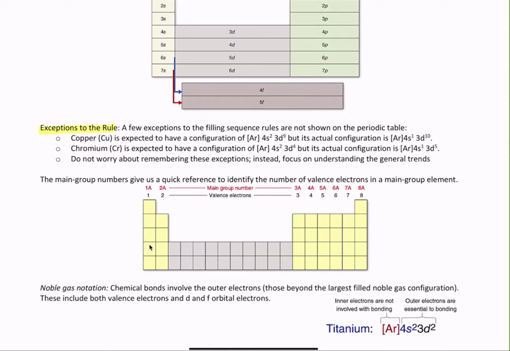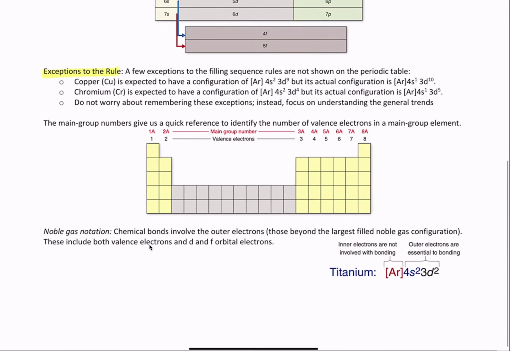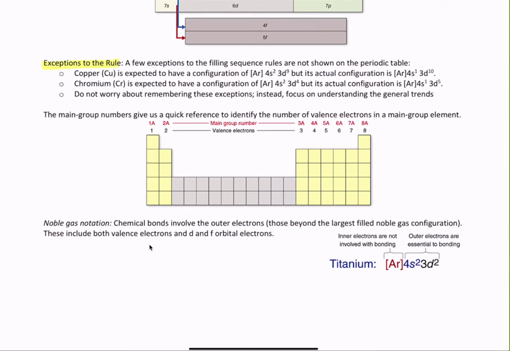I would like you to remember as well that the main group number gives us a quick reference to identify the number of valence electrons in a main group element. For that reason, any element that belongs to the group 1A main group number will have 1 valence electron, and so forth. Be mindful as well of another notation called the noble gas notation.